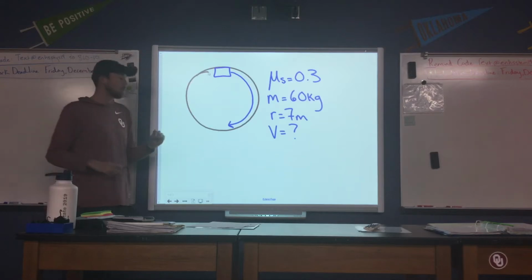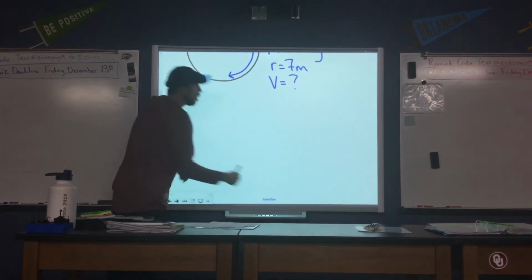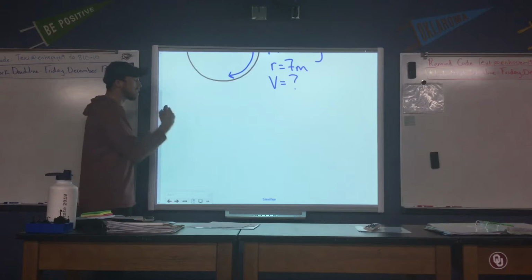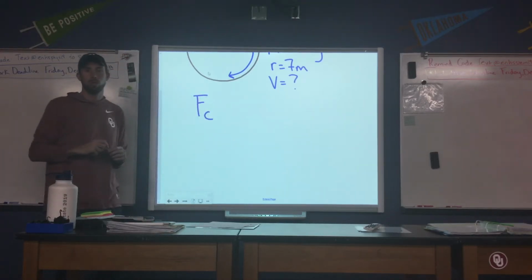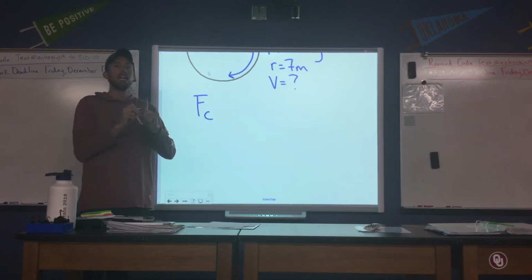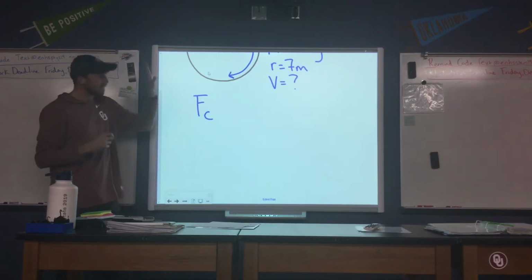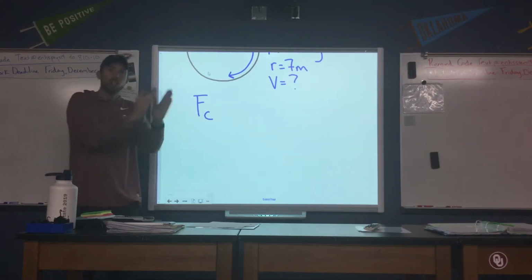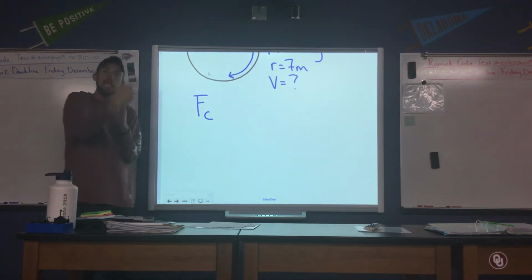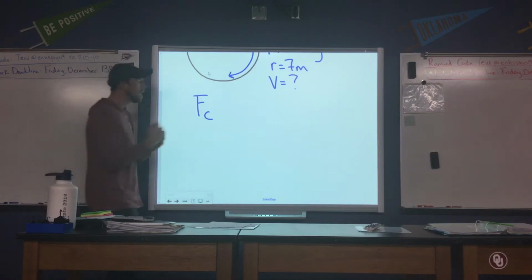Now, because we're dealing with an object moving in a circle, then we know there has to be some centripetal force causing our object to move in a circle. Objects moving in circles do not occur unless there is a centripetal force. There must be a force directed toward the center of that circle to keep our object moving in a circle.